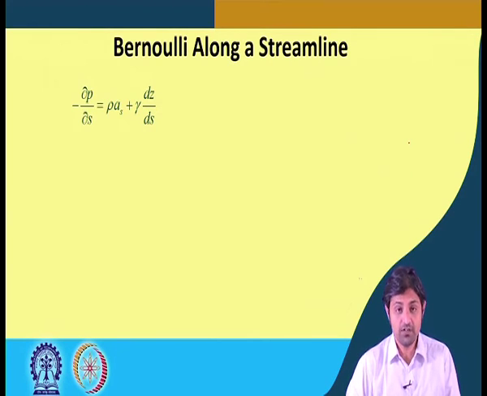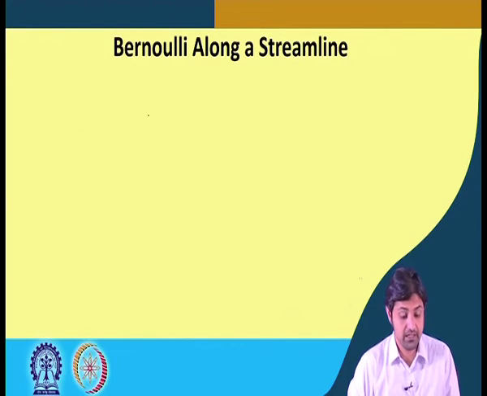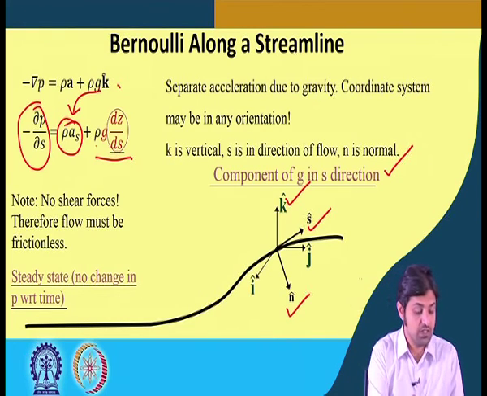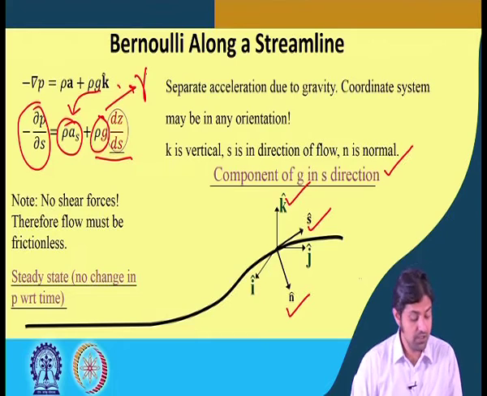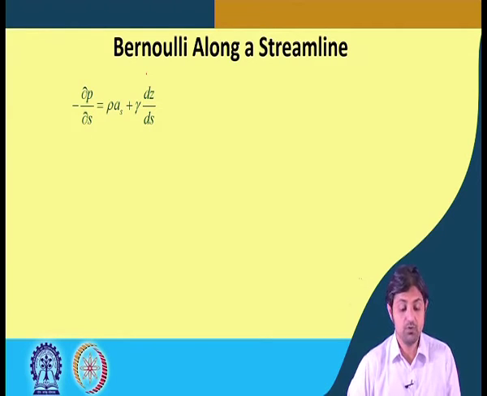So the equation that we have obtained is minus del P del S is equal to rho a_s plus gamma dz ds, where rho g is gamma. Okay. Going back to the slide again, this is what we have got: minus del P del S is equal to rho a_s plus gamma dz ds.